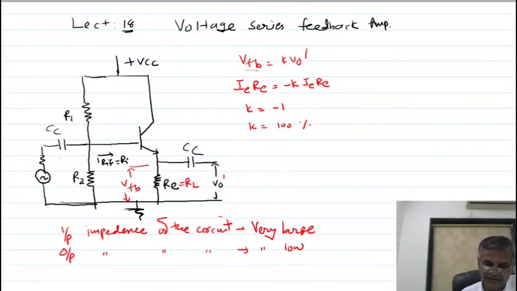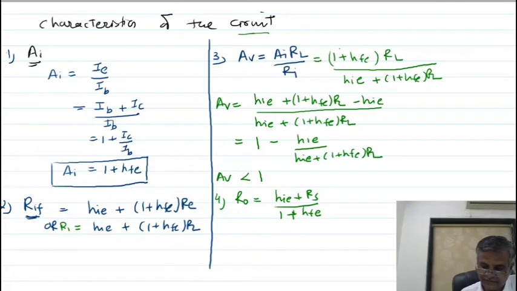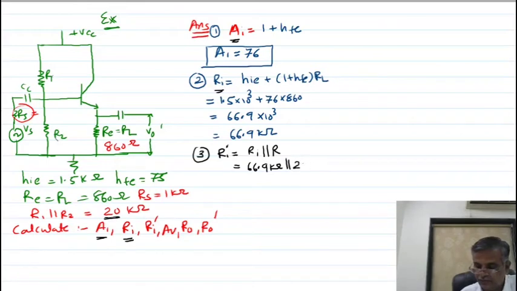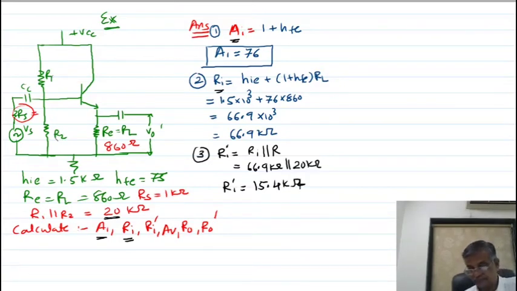So RI dash is RI parallel R: 66.9 kilo ohm parallel R, which is already given as 20 kilo ohm. If you do the calculation, approximately I am writing 15.4 kilo ohm. So this is your third, RI dash.